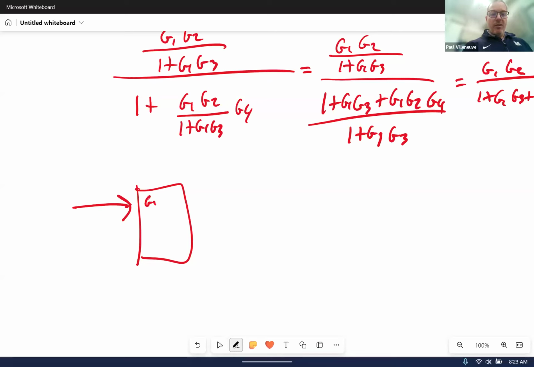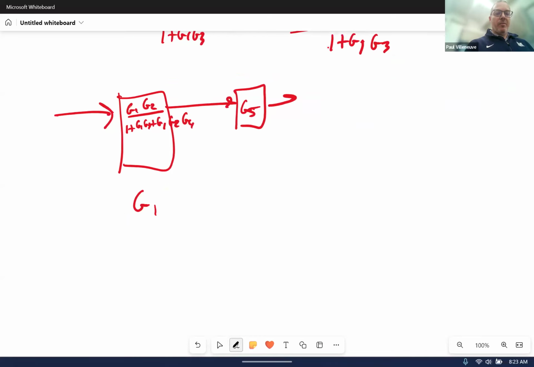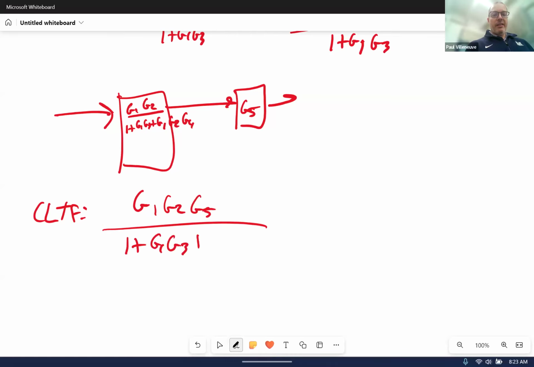So I have G1, G2, all over 1 plus G1, G3, plus G1, G2, G4, and then that cascades into G5. So my final one, this is the closed loop transfer function: G1, G2, G5 all over 1 plus G1, G3 plus G1, G2, G4.